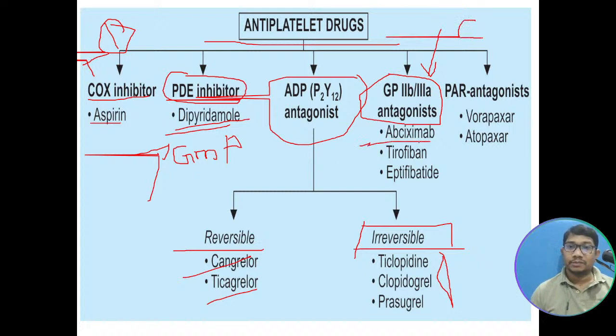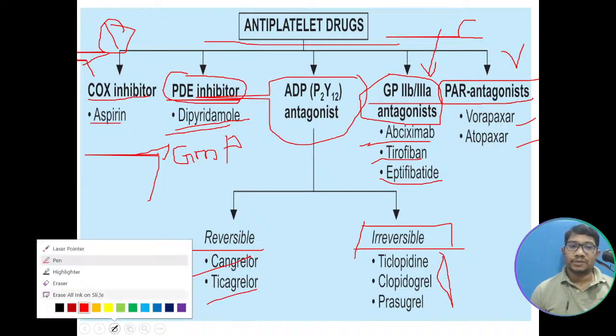In that, abciximab, tirofiban, and eptifibatide are the three drugs. Now the fifth class of antiplatelet drug is the PAR antagonist, protease-activated receptor antagonist. The examples are Vorapaxar and Atopaxar. These are the antiplatelet drugs.